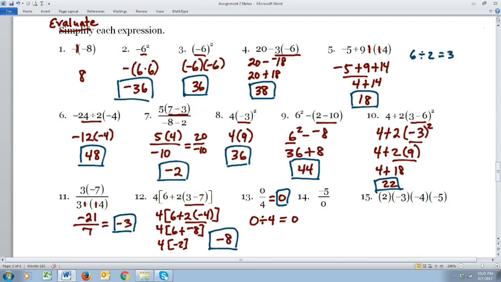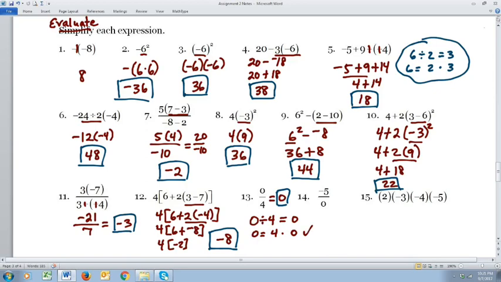If you have 6 divided by 2 equals 3, which we all know is true, remember division and multiplication are opposites, so it should be the case that 3 times 2, if you go backwards, equals 6, and that's true. So notice in our problem, it should be the case that 0 times 4 equals 0, which it does.